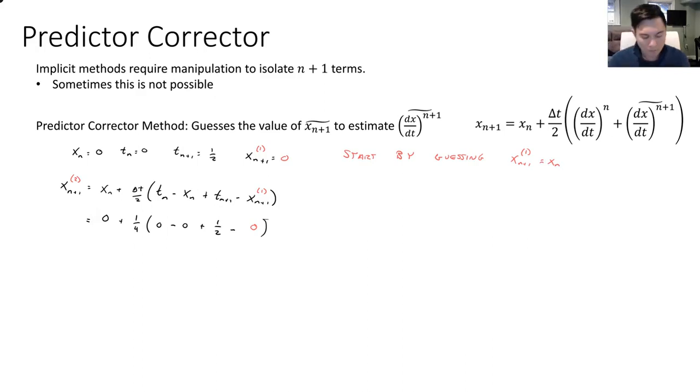Well, plugging all that in gives us a value of 1/8, or 0.125. Which actually isn't too bad, because the analytic solution says that x of n plus 1 was equal to 1/10.